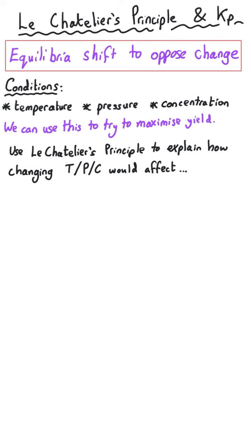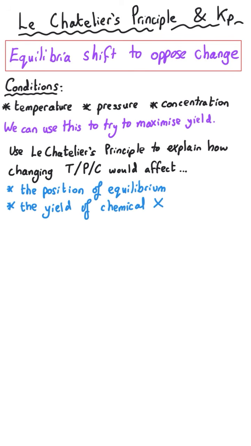This might be the position of equilibrium, in which case that is how you would expect. It might be that you're asked to state how it might affect the yield, and again, that will follow the effect that you would expect. Or you might be asked to state how this would affect the value for Kp. And this is identical to any equilibrium constant value.